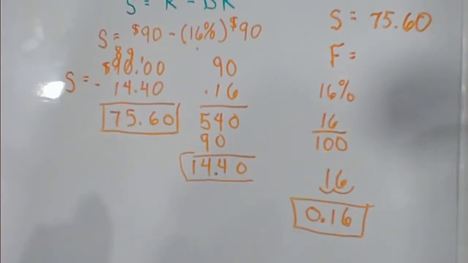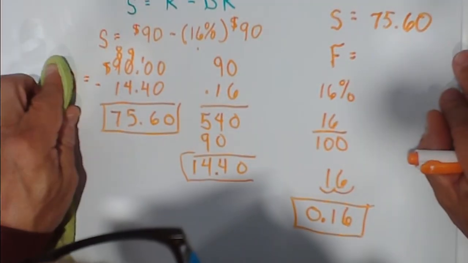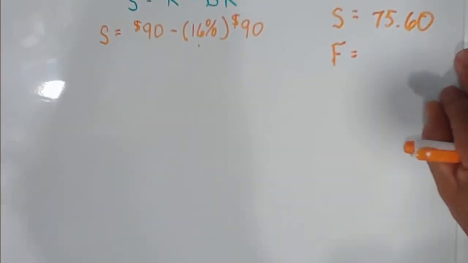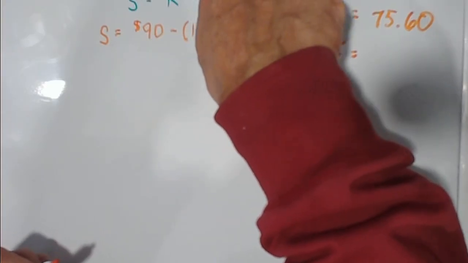I'm going to erase our work here. What's our final cost? The problem tells us the sales tax is 6%.